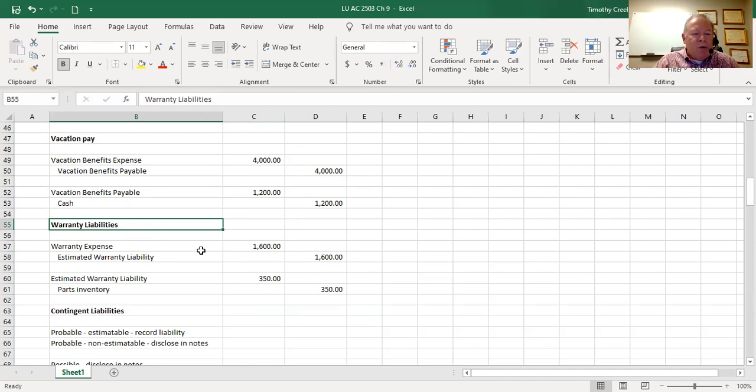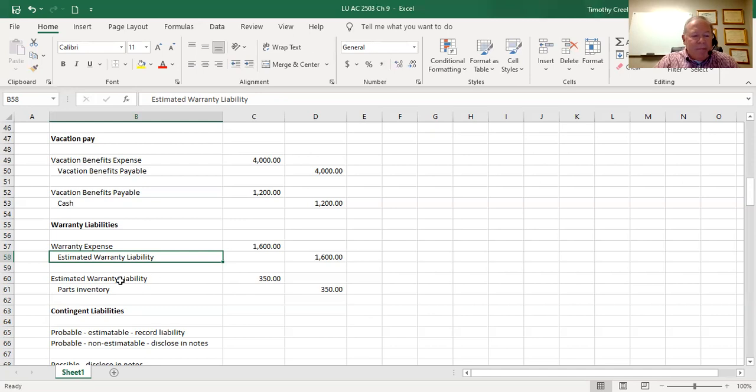So they would record an entry like this up front with the sales. They would debit warranty expense for what they feel like they're going to have to pay out, and they would credit estimated warranty liability.